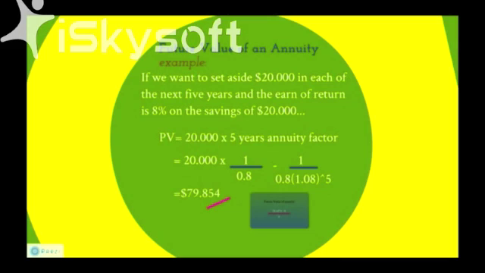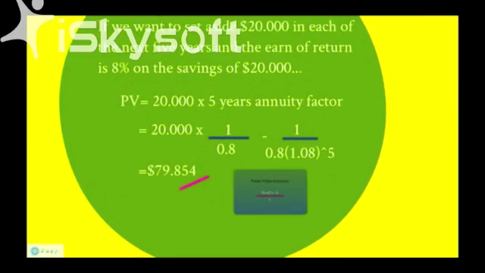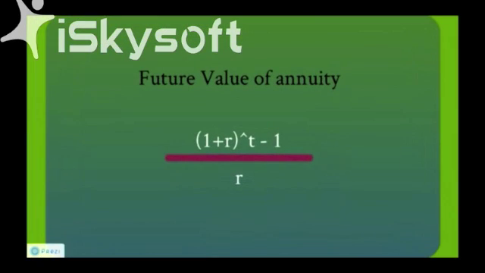This is 20,000 times (1 divided by 0.08 less 1 divided by 0.08 times 1.08 to the power of 5). This is equal to $79,855. So the formula for the future value of an annuity would be (1 plus the interest rate) to the power of t, less 1, all divided by the interest rate.